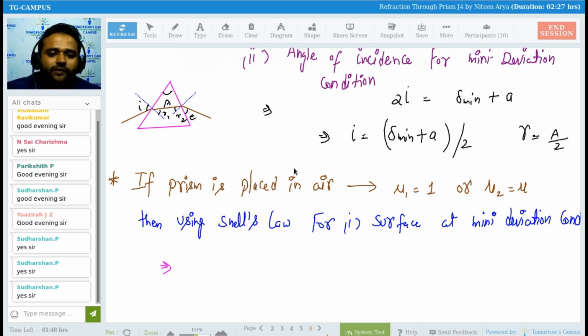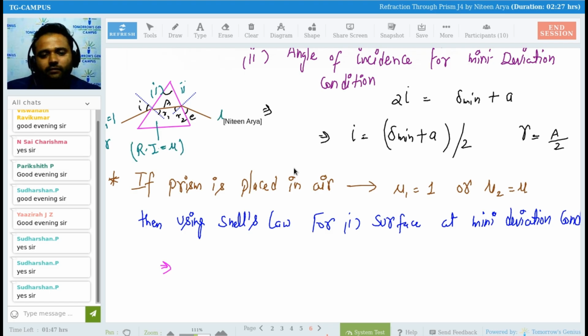So this is my refracting surface 1, and this is my refracting surface 2. At refracting surface 1, again that is air, so mu1 is going to be 1 for air, and for mu2 I can put mu directly. Refractivity, mu.